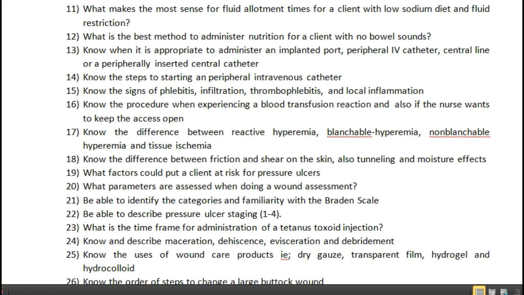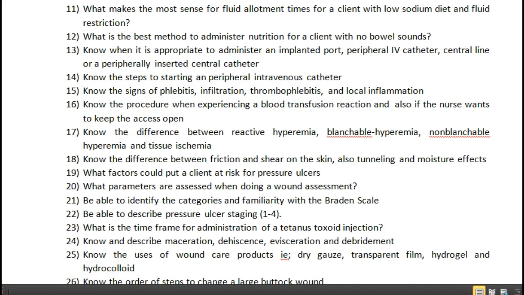That's the reason why we taught y'all about parenteral nutrition, which you want to administer to the person.